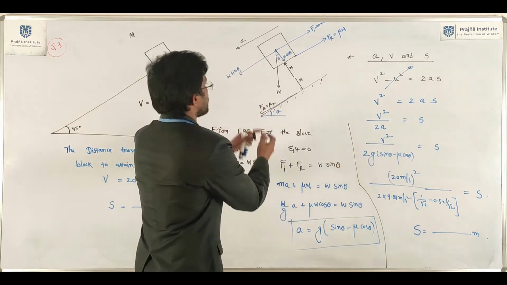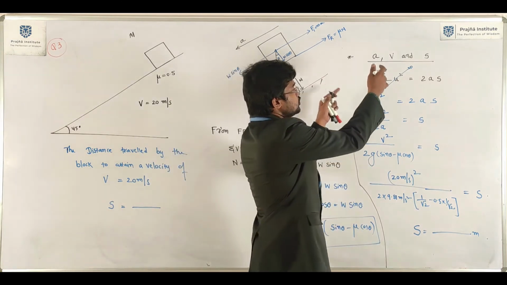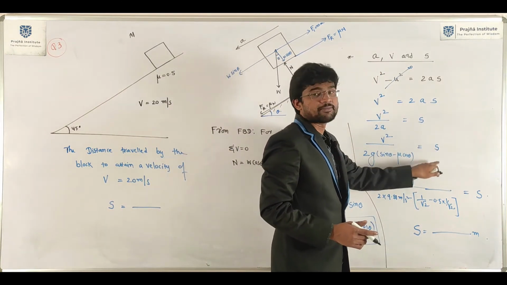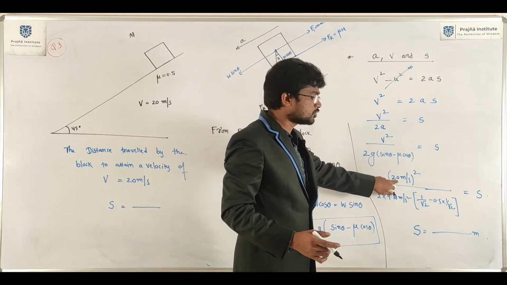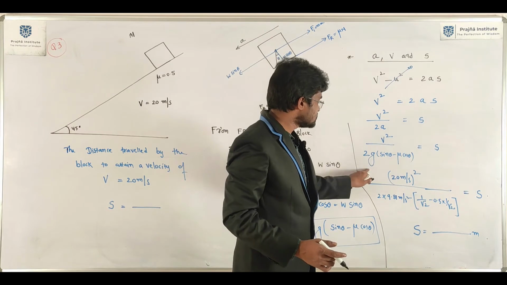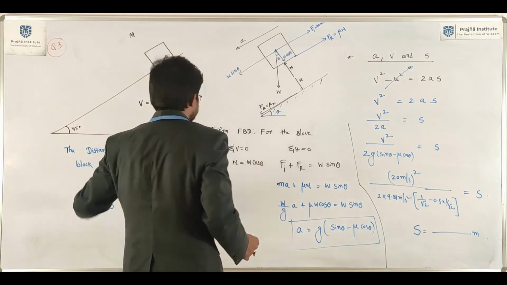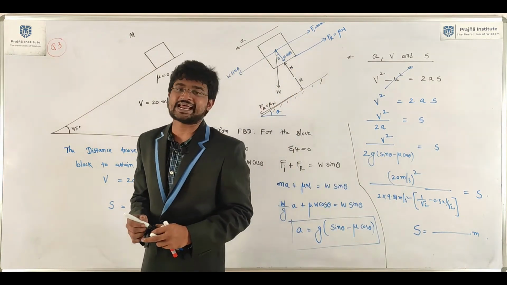It's a matter of drawing the free body diagram, applying equilibrium equations, and finally using kinematic equations to determine the distance traveled by the block to attain a velocity of v. They give velocity v equal to 20 meter per second, g as 9.81, and 45 degrees is given. Finally, we'll get the distance traveled by the block.